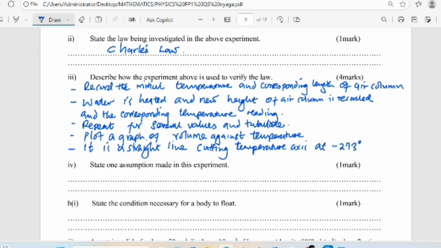Sorry, this is supposed to be Kelvin. At negative 273.